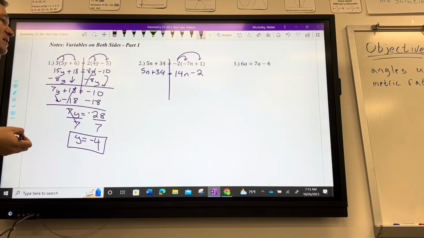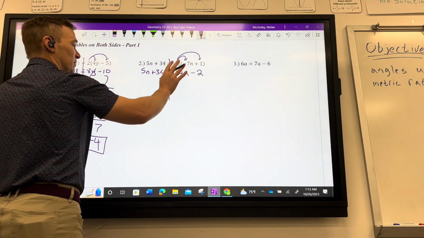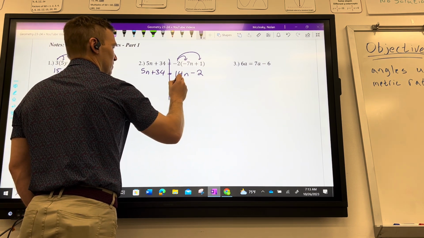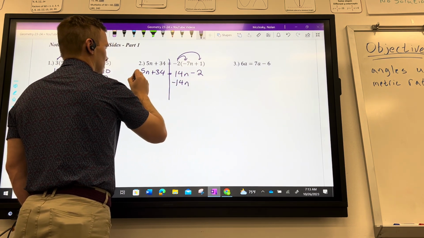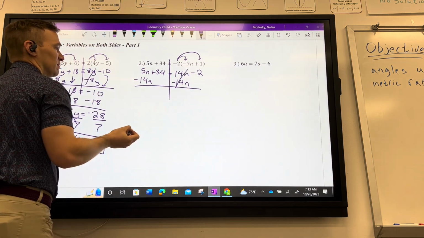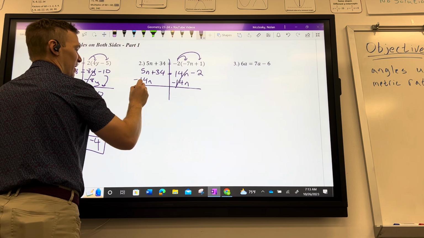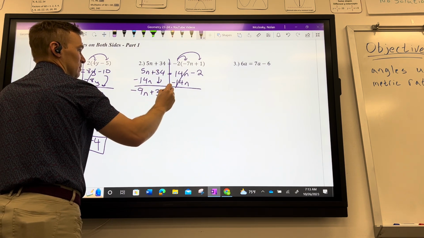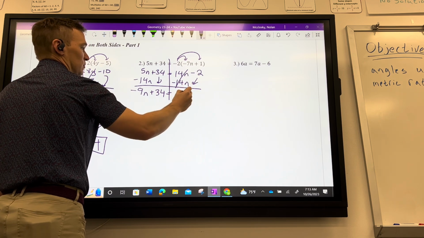And then we're back to the step where we have to move the variables to one side. I always look at the right side. There's a positive 14n, so we subtract 14n from both sides. That cancels, and 5 minus 14 is negative 9n. The plus 34 drops, the negative 2 drops.